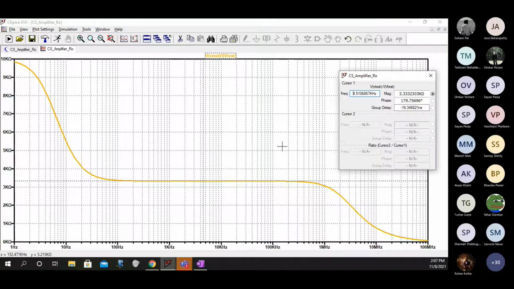So generally what happens is that if you connect a very large load and try to pass a very high frequency signal through it, that speaker acts like a short circuit.